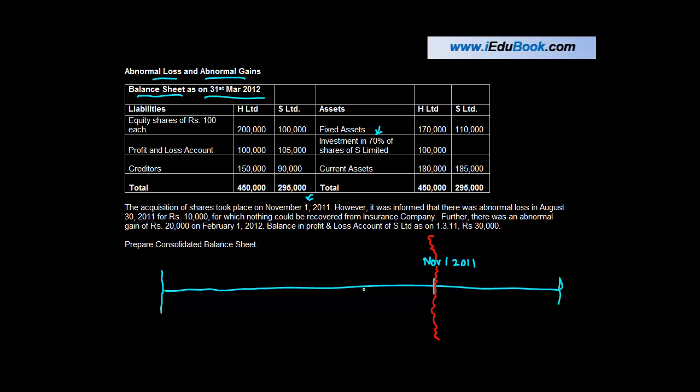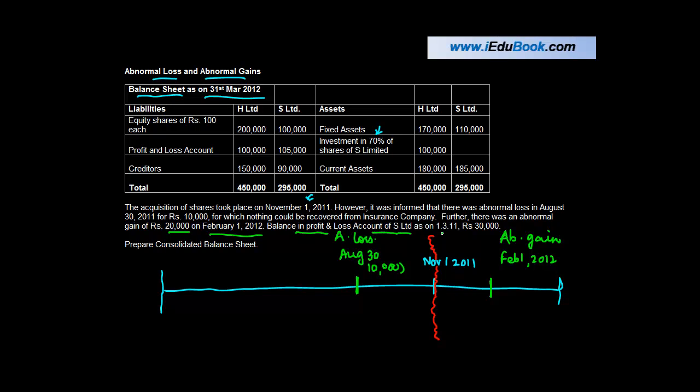So somewhere over here, let's say this date is August 30, there was an abnormal loss of rupees 10,000 for which nothing could be recovered from the insurance company. Further, there was an abnormal gain of rupees 20,000 on February 1, 2012. Somewhere down the road here, February 1, 2012, you have an abnormal gain.